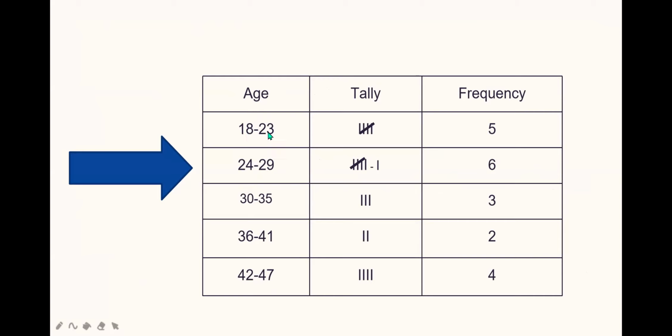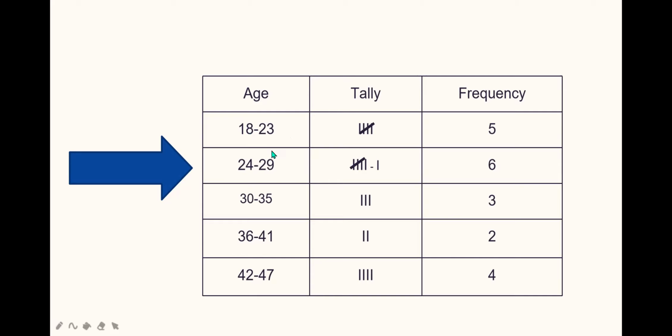So what is the interval of 18 to 23? It is 6, because 18 and 23 are included. Let's count: 18, 19, 20, 21, 22, and 23. How many numbers are there from 18 to 23? It is 6, and that 6 is what we call the class interval.